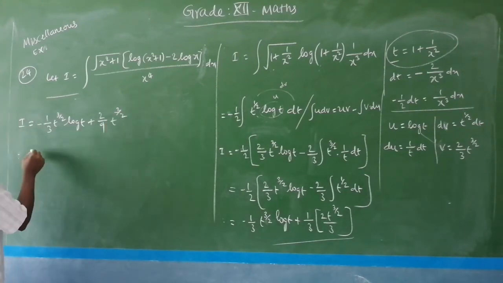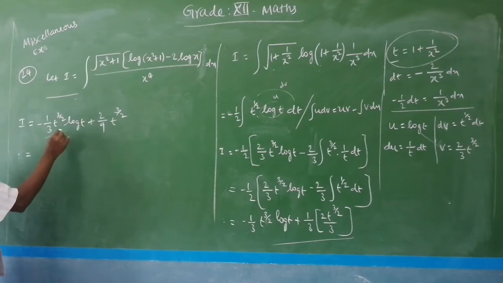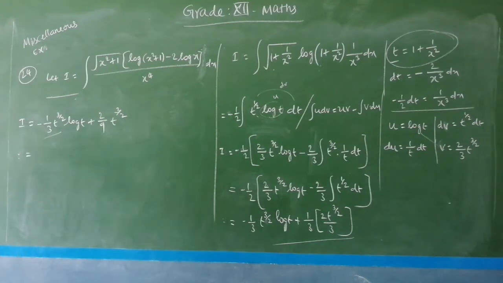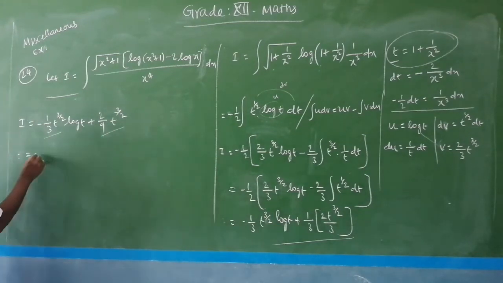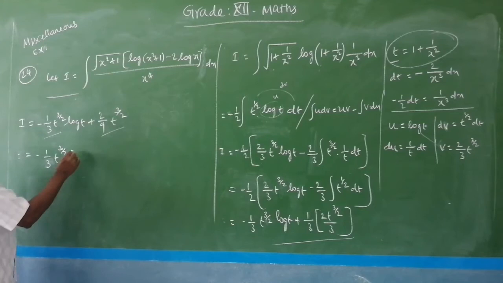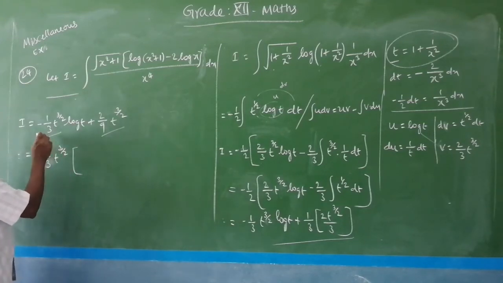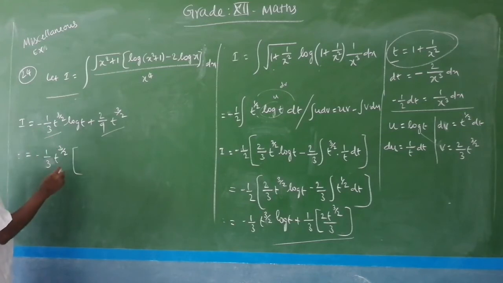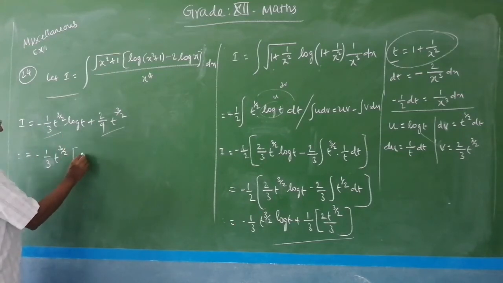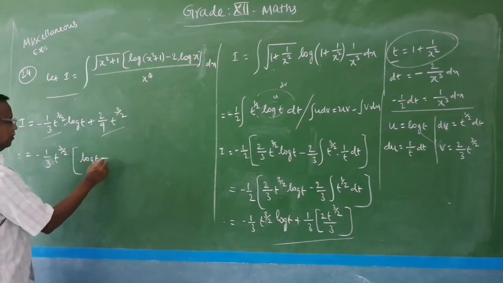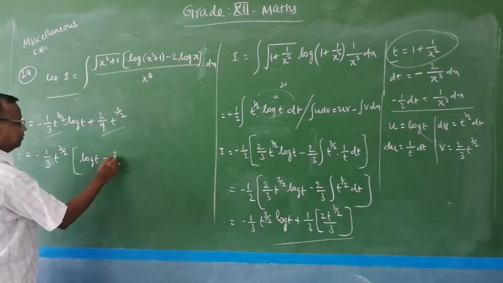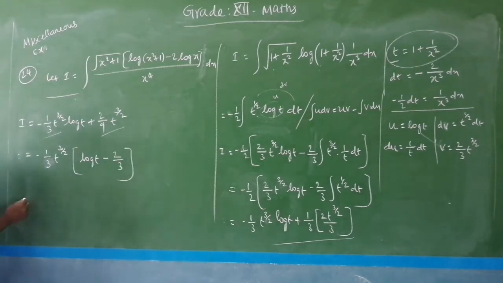Now take minus 1 by 3 and t power 3 by 2 as common. So taking minus 1 by 3 into t power 3 by 2 as common, here we have log t and minus 2 by 3.